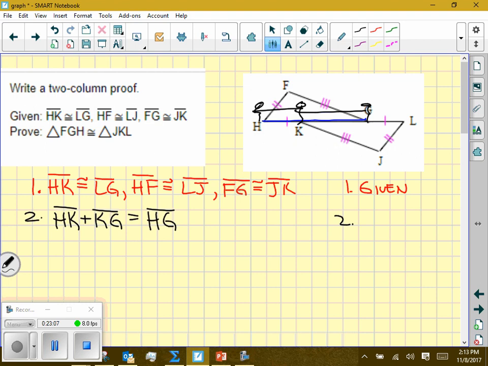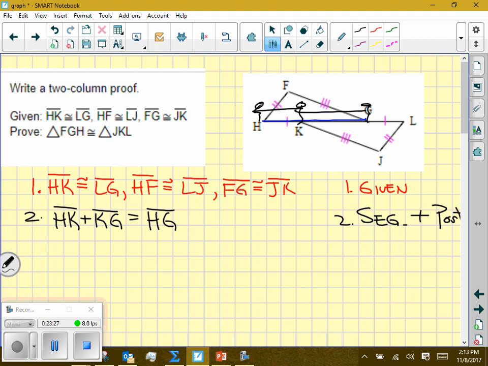It's something about distance. Distance isn't the word that's in there. What are we doing here? What are these things? What is HK? Segment addition. You take the segments, you add them together to get a larger segment, right? So that is segment addition. You guys remember that postulate? Okay, so the segment addition postulate.